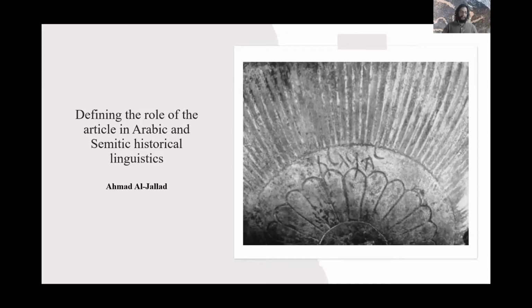What I want to do in this talk is go over the history of the definite article within the Semitic language family, then look at the definite article forms in Arabia, in Arabic and non-Arabic languages, and try to reconstruct what form of definite marking Proto-Arabic had, that is the reconstructed ancestor of all varieties of Arabic, and the variation of definite marking in the pre-Islamic dialects of Arabic as attested in the epigraphic record.